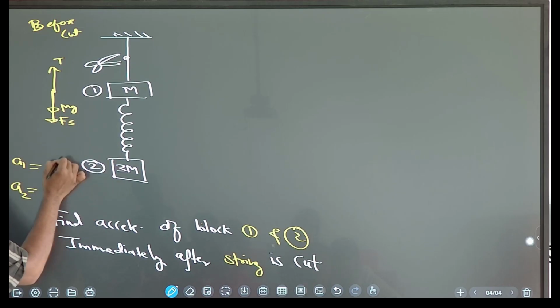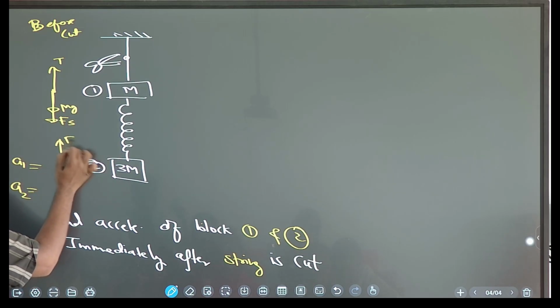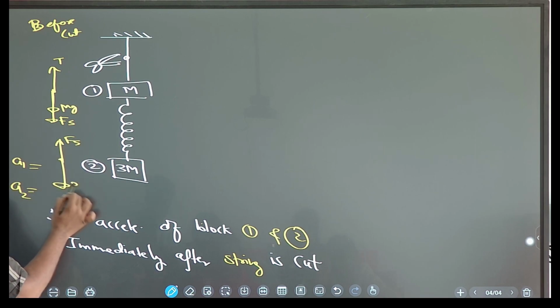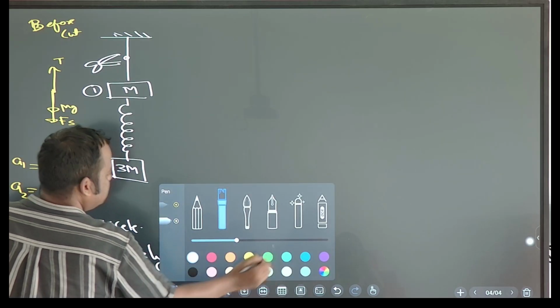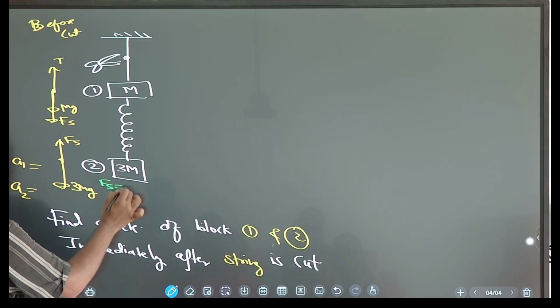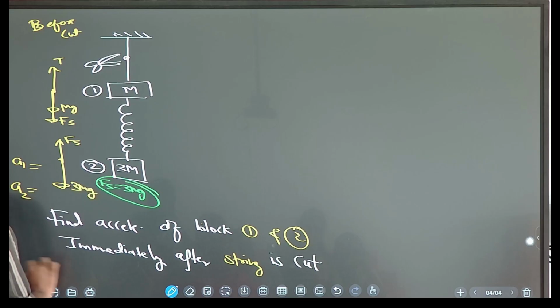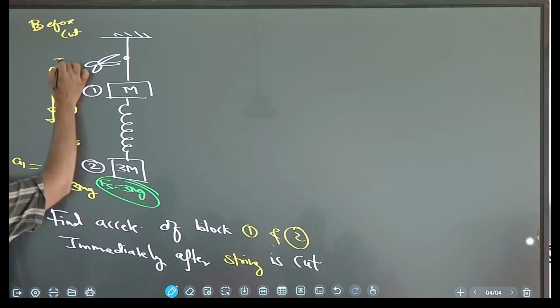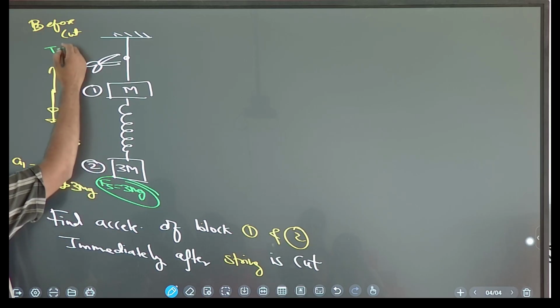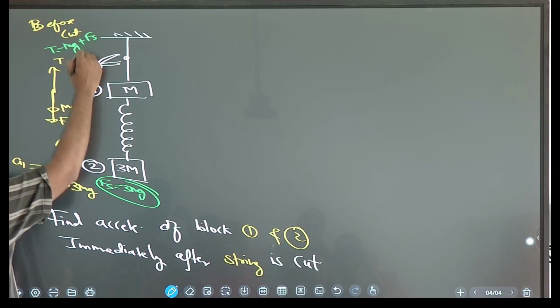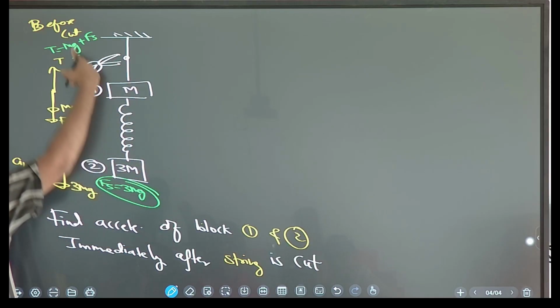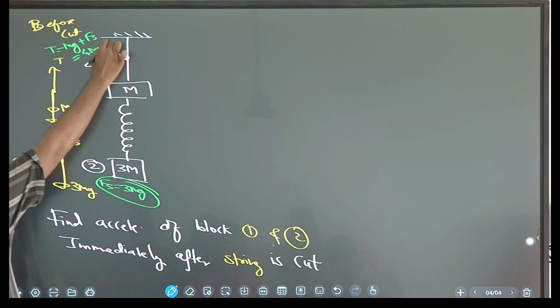For block 2, Fs upward, 3 mg downward. So Fs value is 3 mg. So T will be 4 mg. T will be mg plus Fs. Fs is 3 mg, so tension is 4 mg.